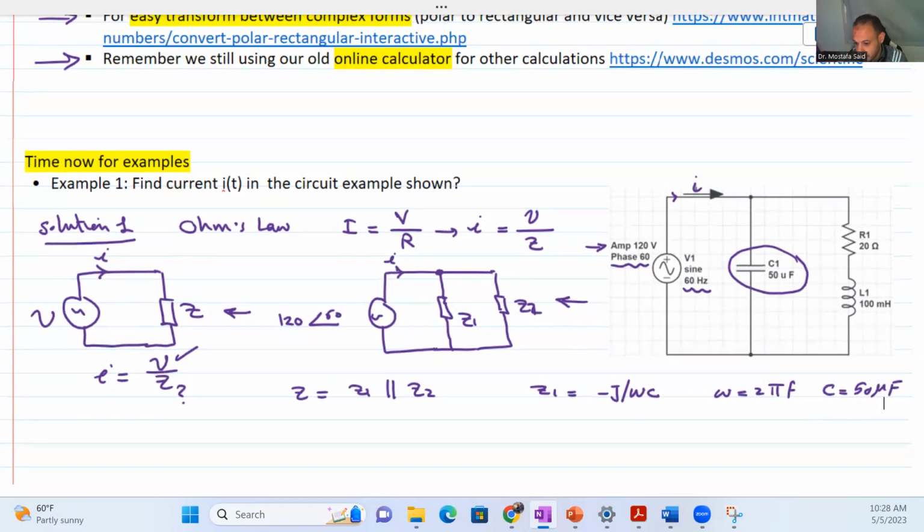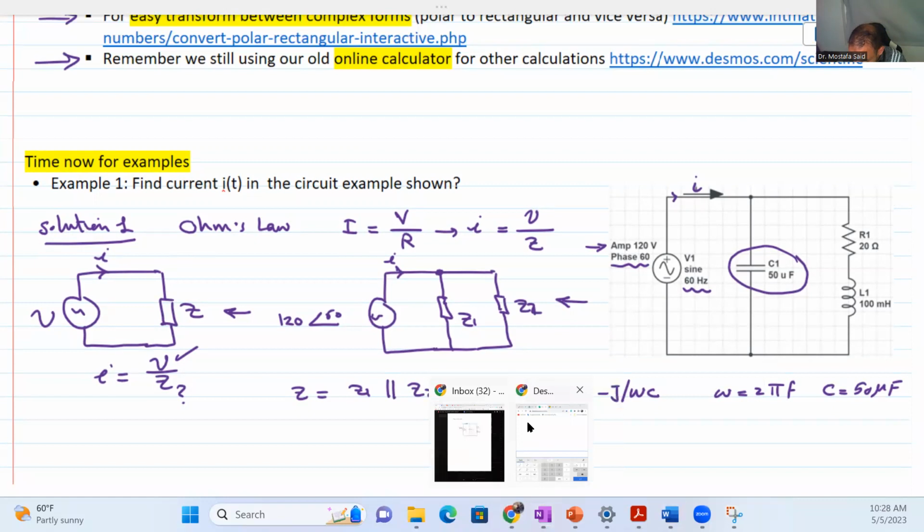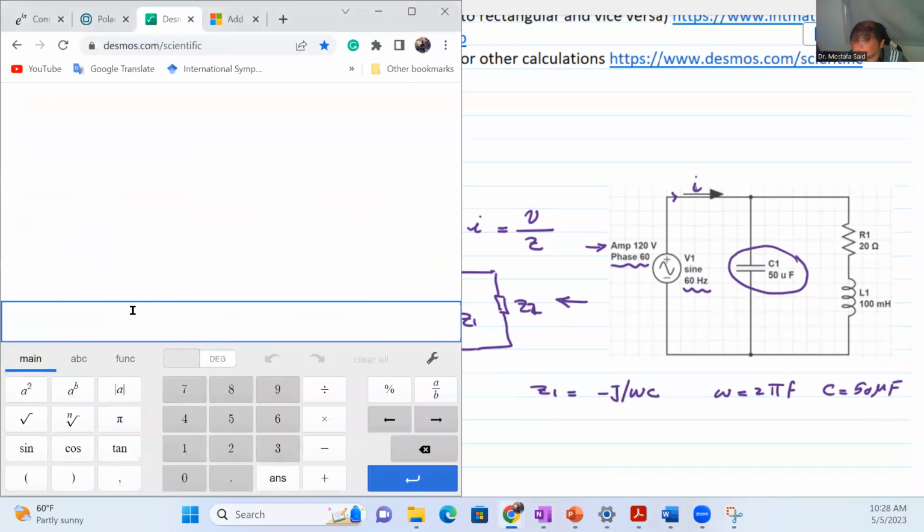Let's do it. So we're going to open our online calculator, desmos.com. So we have to multiply pi by, you can just write pi, it will be pi. And then F, which is 60. You can also copy this because we're going to use it again.